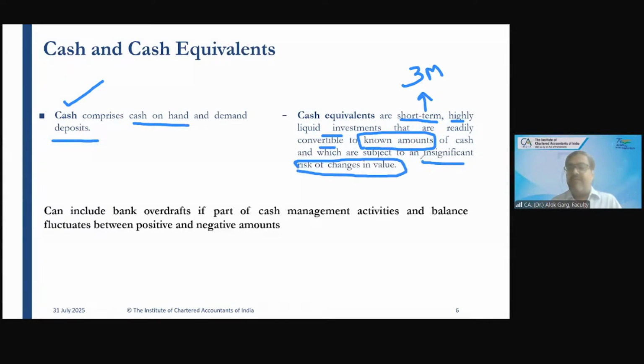So three things are very important in this cash equivalent definition.